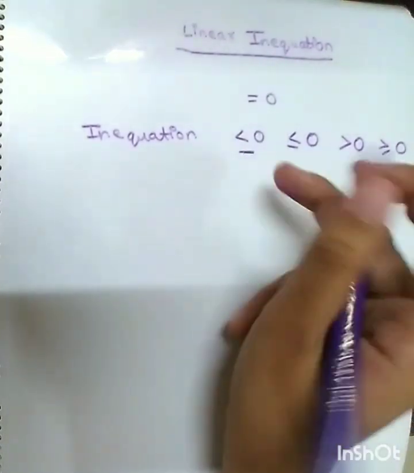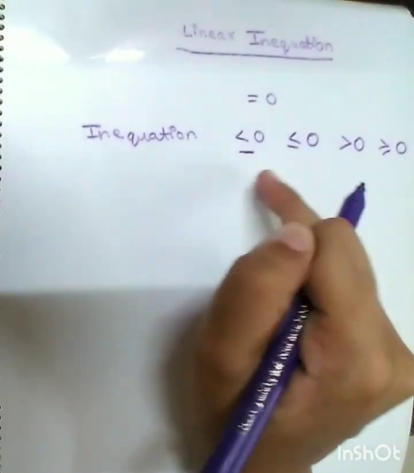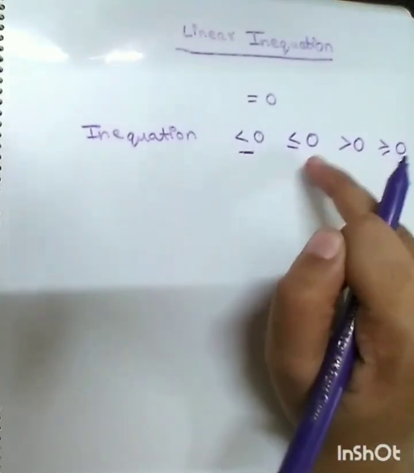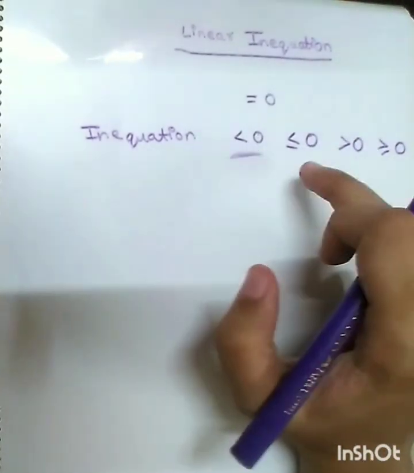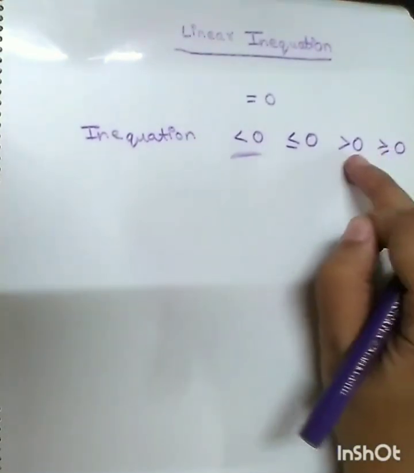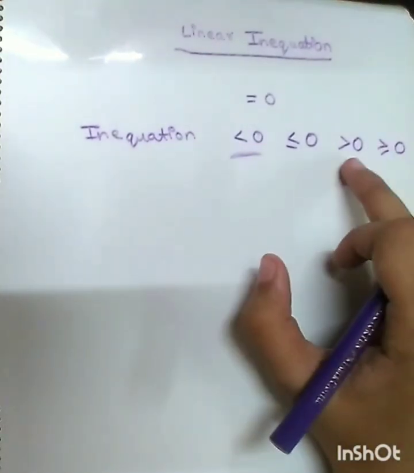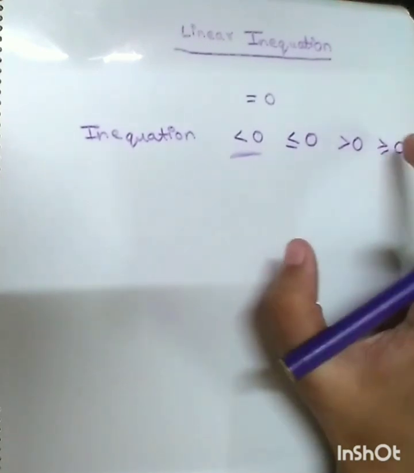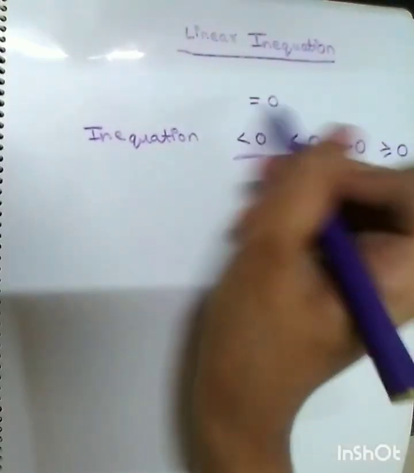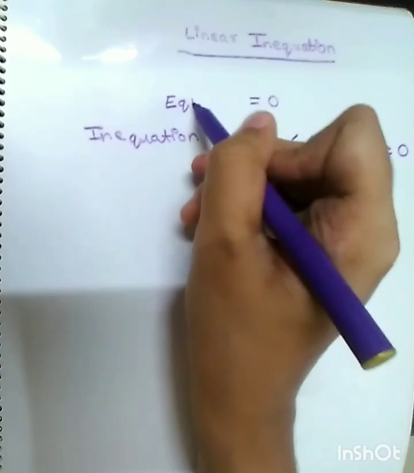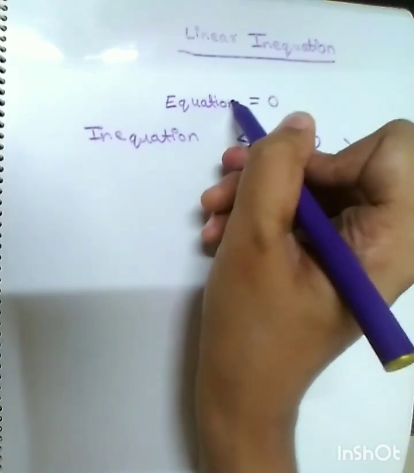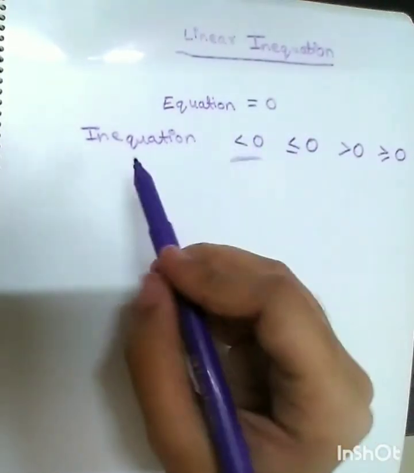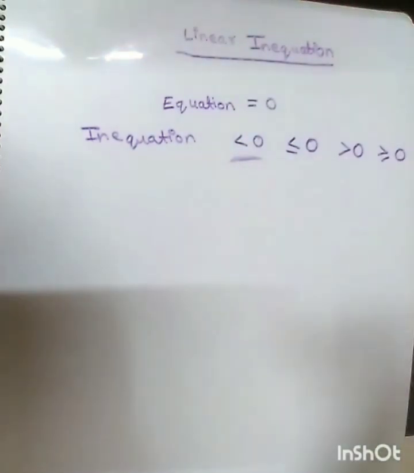This sign suggests it is less than 0. This sign suggests that it is less than or equal to 0. This sign suggests that it is greater than 0, and this sign suggests that it is greater than or equal to 0. The equal to 0 comes in an equation, and we are going to talk about inequation, which is opposite to equation.